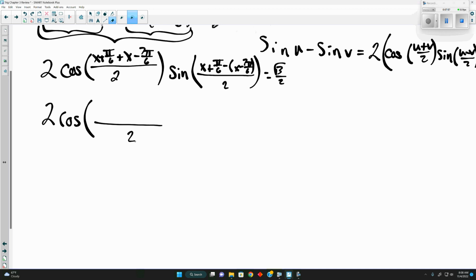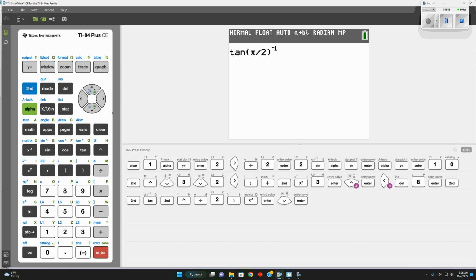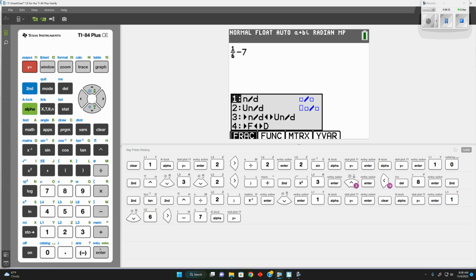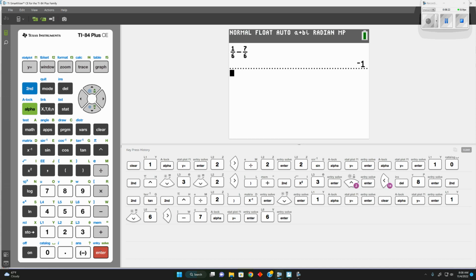Well, here we can combine like terms. x plus x is 2x. Pi over 6 minus 7 pi over 6, so we're looking at really 1/6 minus 7/6, which is just -1.